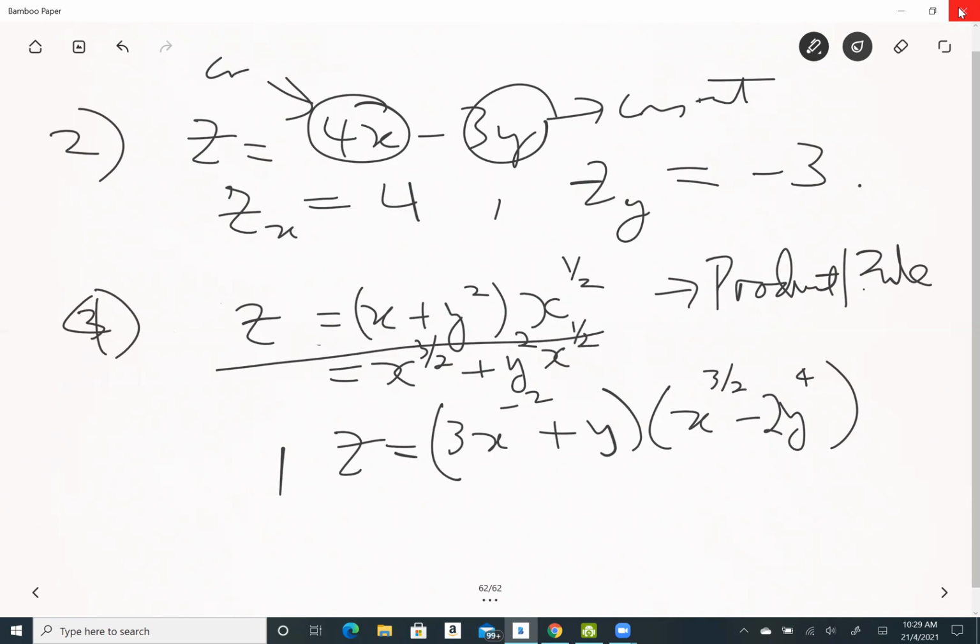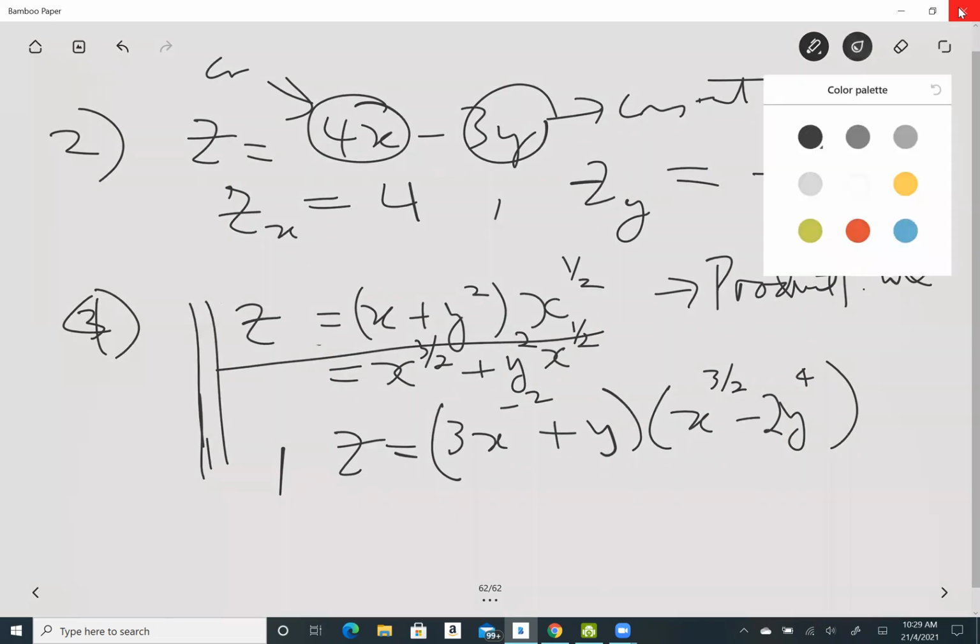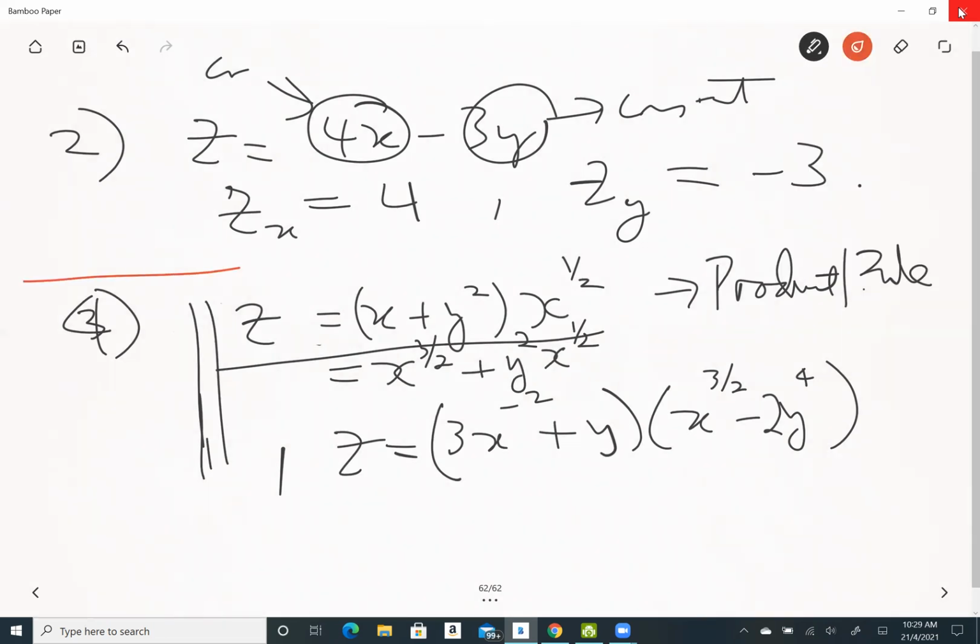Oh, this one cannot be done yet. In order for you to do this, we need to do the second part, the multiplicative. Okay, hold on. We come back later. Come back afterwards. This one, we need to come back. So I come back to that afterwards.